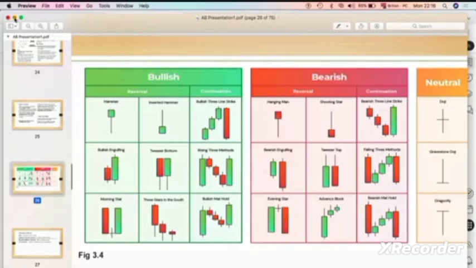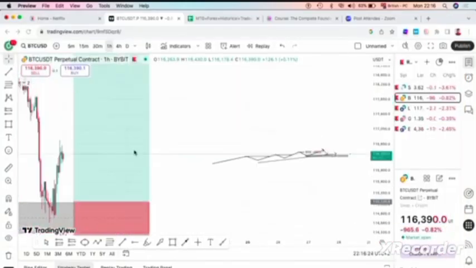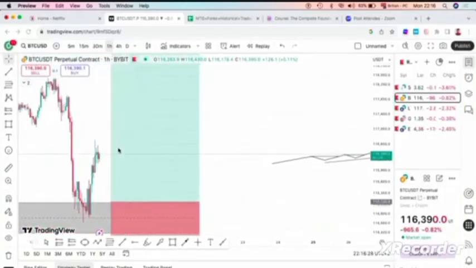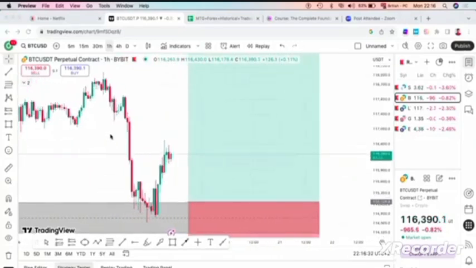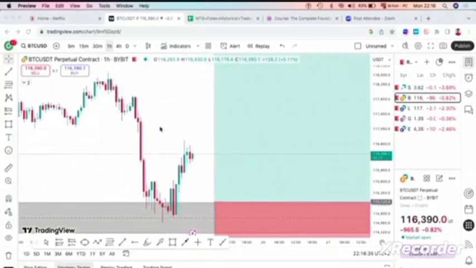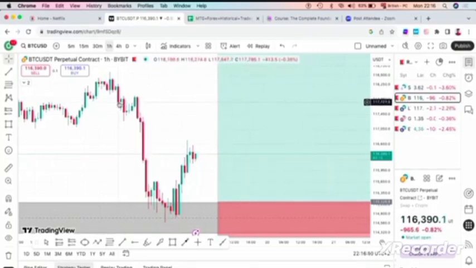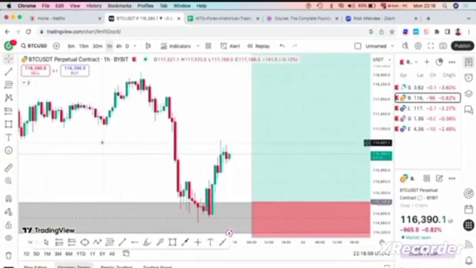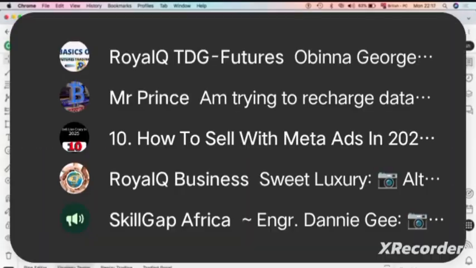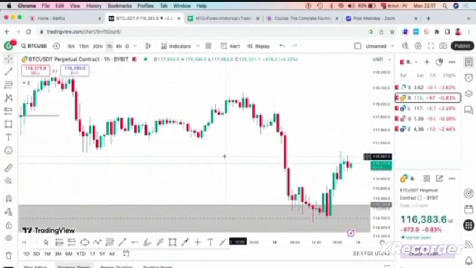So let's go on our charts and see if we can identify most of those candles. For example, you can see that same formation here, but this is more than three, it's almost a three strike, but it's not. We won't use that. It's not valid. Look at this here.